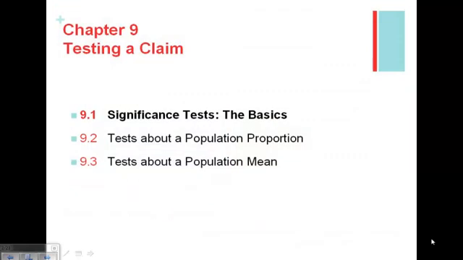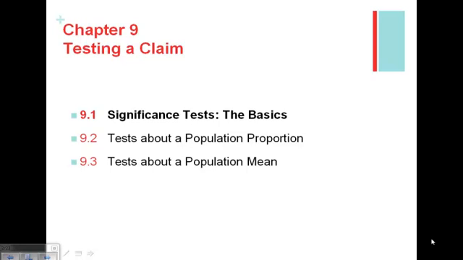Now, Chapter 9 is broken into 3 sections. Like the previous chapter, when we introduced the idea of confidence intervals, we introduced the general idea first, and then we went specifically to plans of attack for the distribution of sample proportion and then the distribution of sample mean. We're going to do the same thing here. I'm going to introduce this really big idea first, the idea of significance tests, the basics.